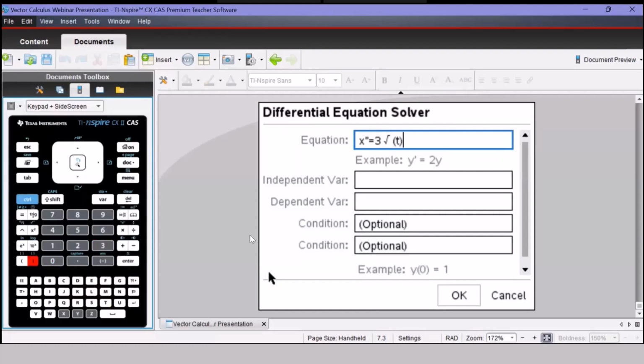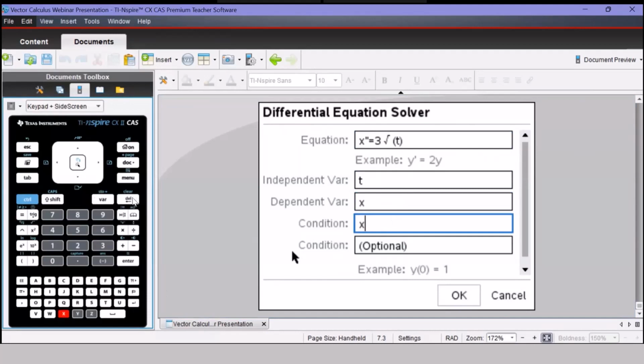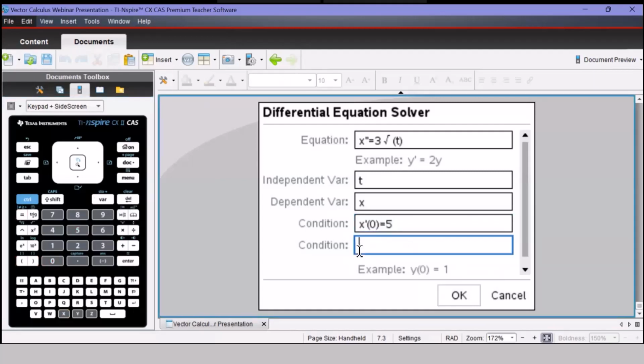So independent variable is t, dependent variable is x, and one of the conditions was x, then go to the punctuations and then prime, then open bracket 0 close bracket equals 5, and another condition x open bracket 0 close bracket equals 1.